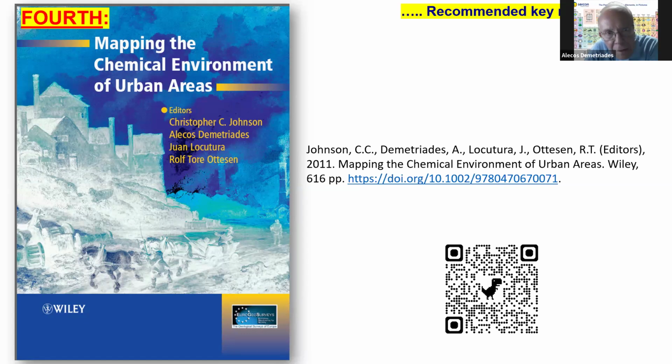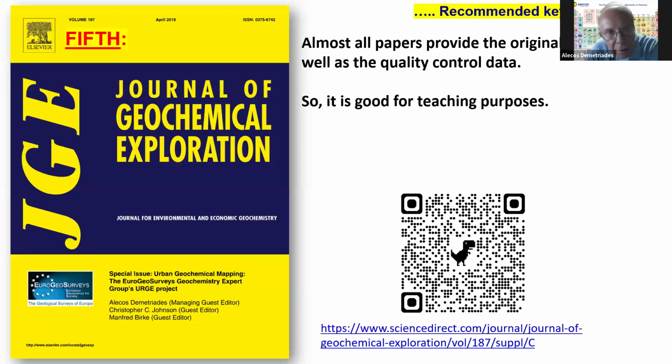It has a lot of case studies, and it's a very good reference work. Now, another reference is the urban geochemical mapping. There are several papers, and one good thing that these papers have are the original data sets as well as the quality control. So it's again useful for teaching purposes.